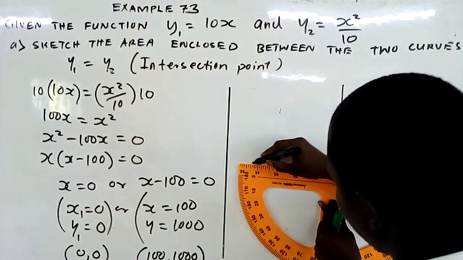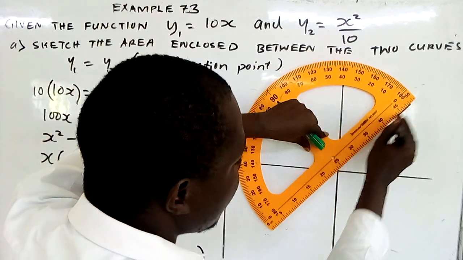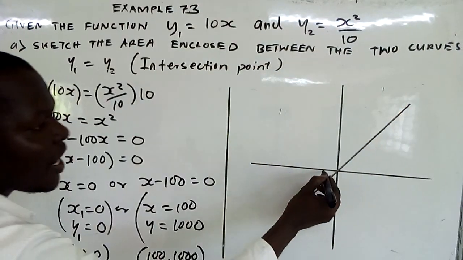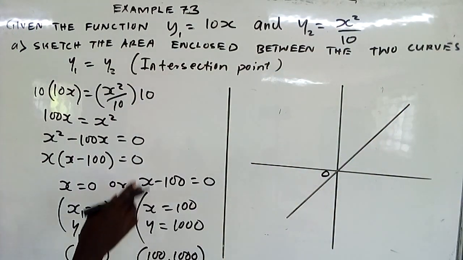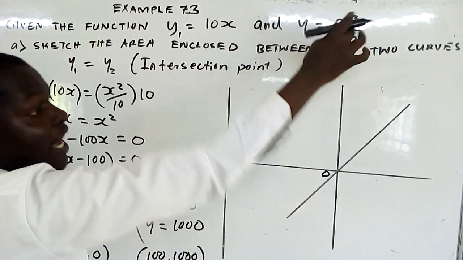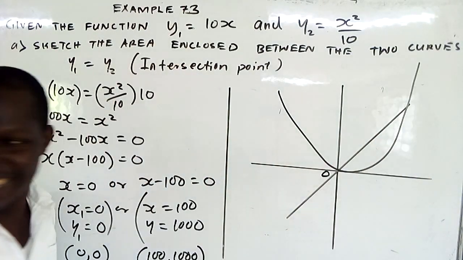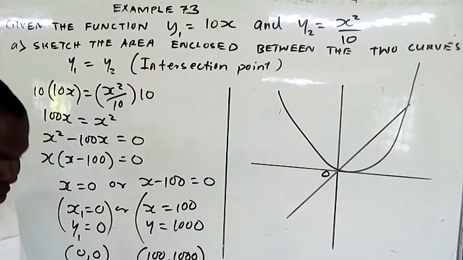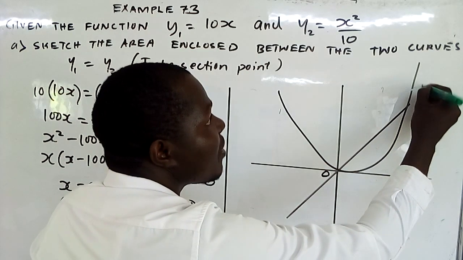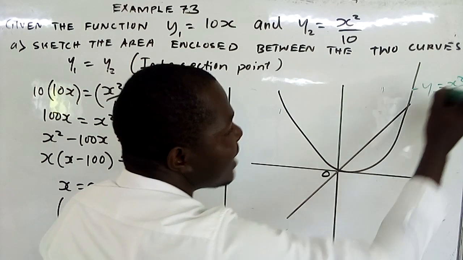So let us sketch that. So you know the straight line is passing through the origin like that, meeting this parabola y is equal to x squared over 10, or ax squared, which we've seen is curving like that. Are we together? So when you label this parabola, this is the parabola given by y2 equal to x squared over 10.